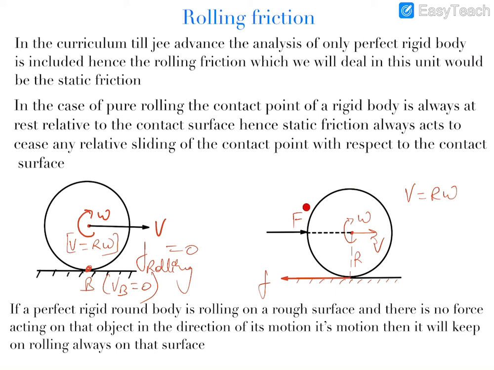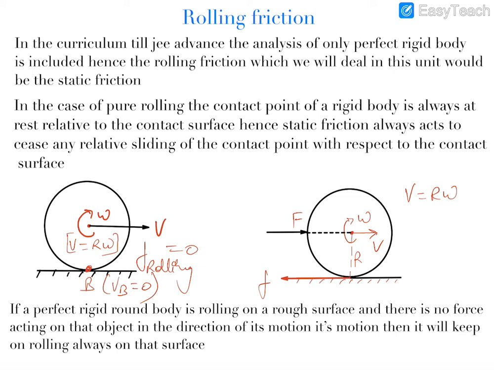So this force would tend to increase the velocity v of this body. Now this body was rolling purely, which means that v was equal to r omega.